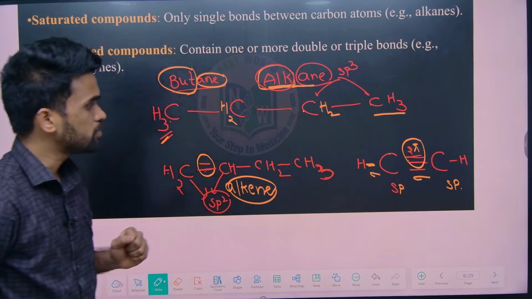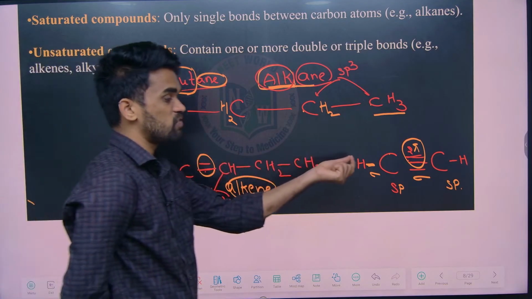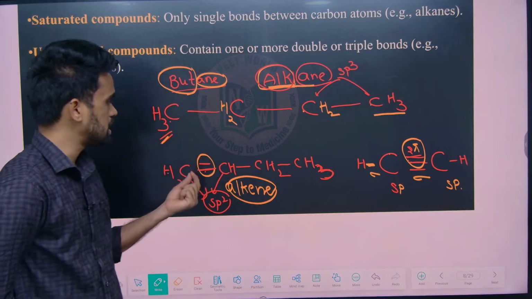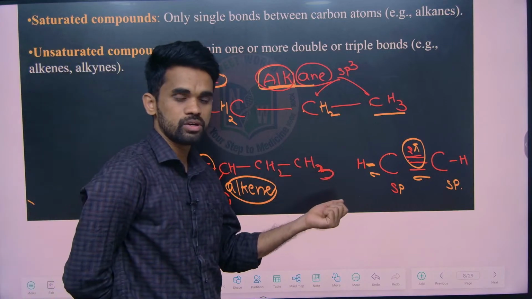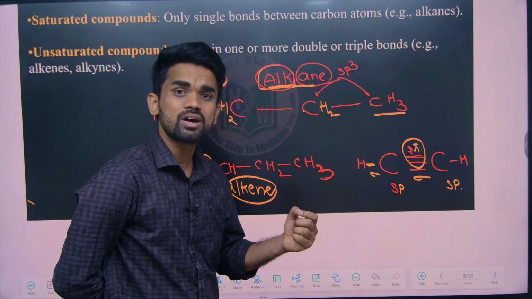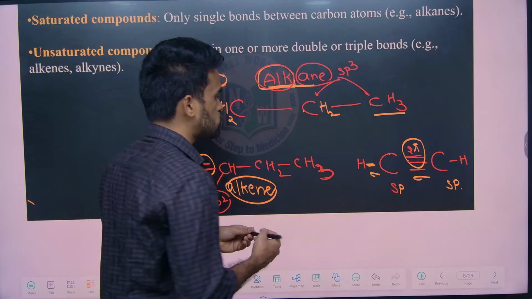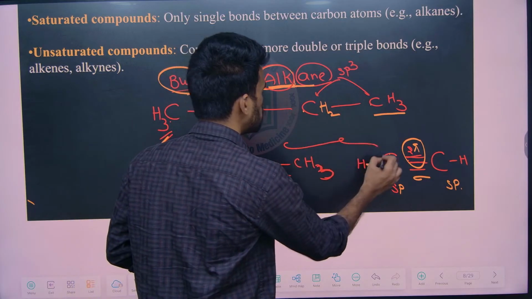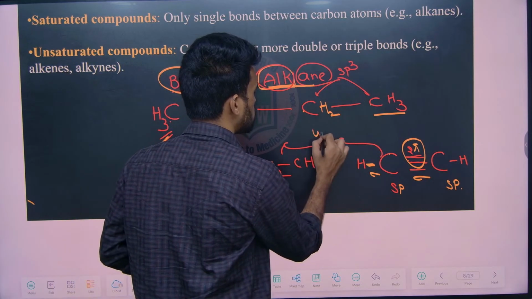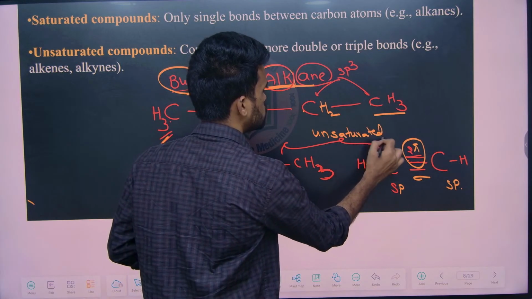Okay, now from this what you need to know is, if there is at least one pi bond in the given compound, you can call them unsaturated compounds. So these two are unsaturated compounds.